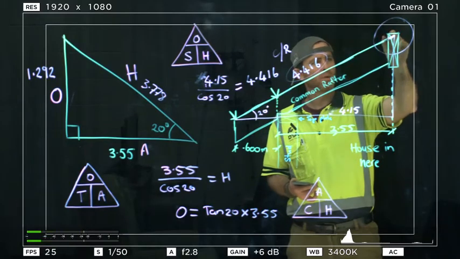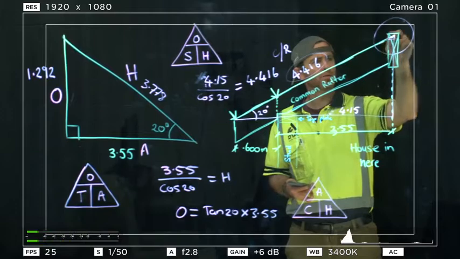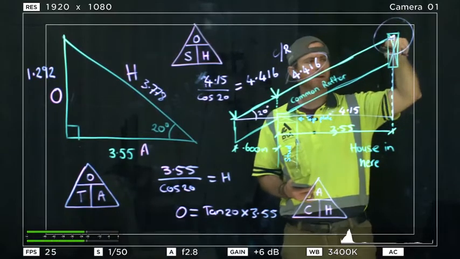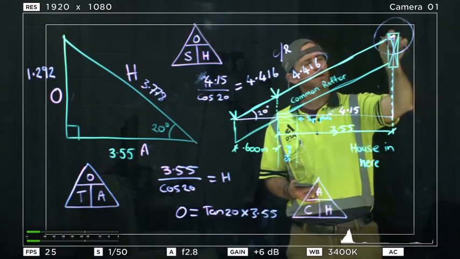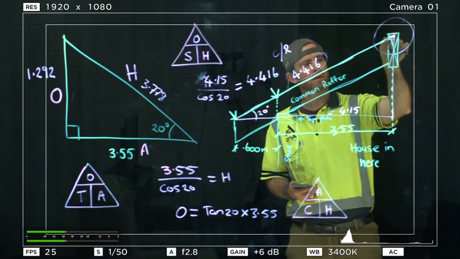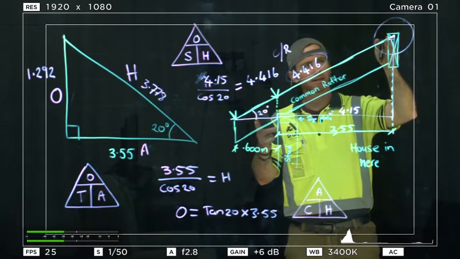So what we have to do is create a little triangle right up in this area to be able to take off half the width of that ridge beam or board, to reduce it down to our actual common rafter length.